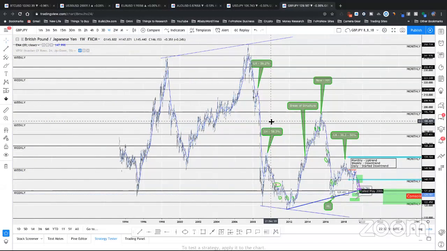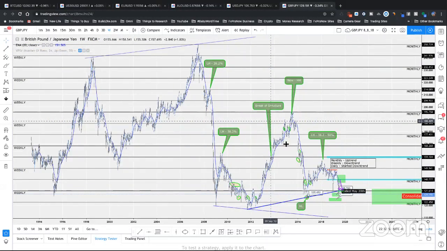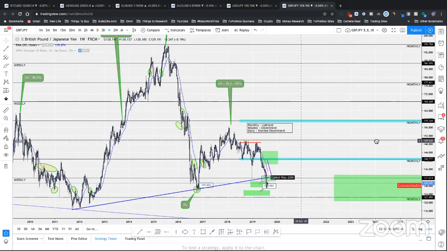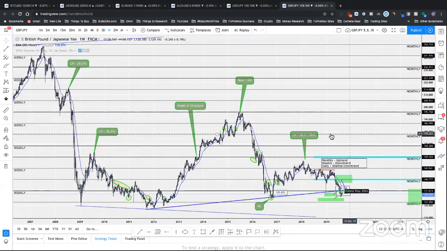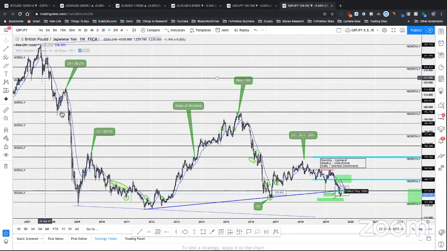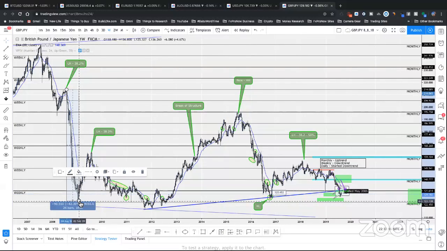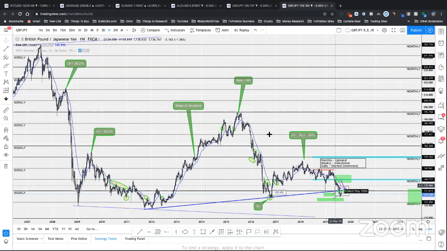Wow. That is crazy. Oh my gosh. How do you lose that much of your currency? 9,000 pips. Oh my gosh. That is crazy.